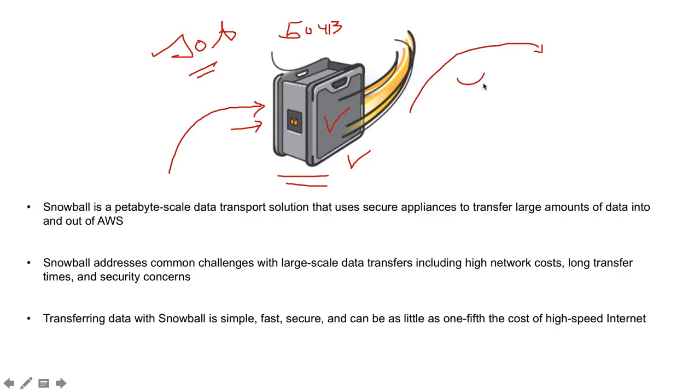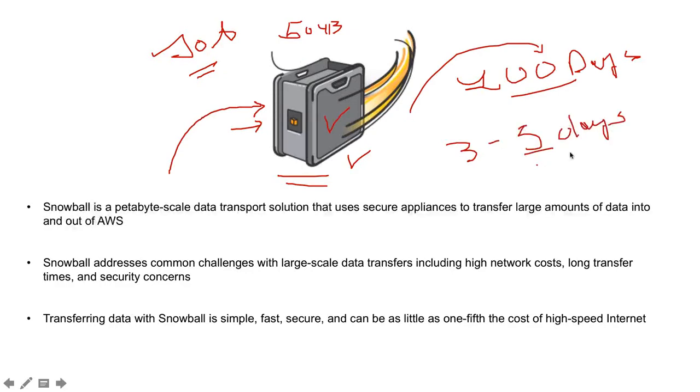So the procedure that used to take 100 days can be completed between 3 to 5 days, including the shipping days. So that 100 days can be brought down to 3 to 5 days, including shipping, and it will cost about one-fifth of the data transfer rates if you compare that with the previous option.